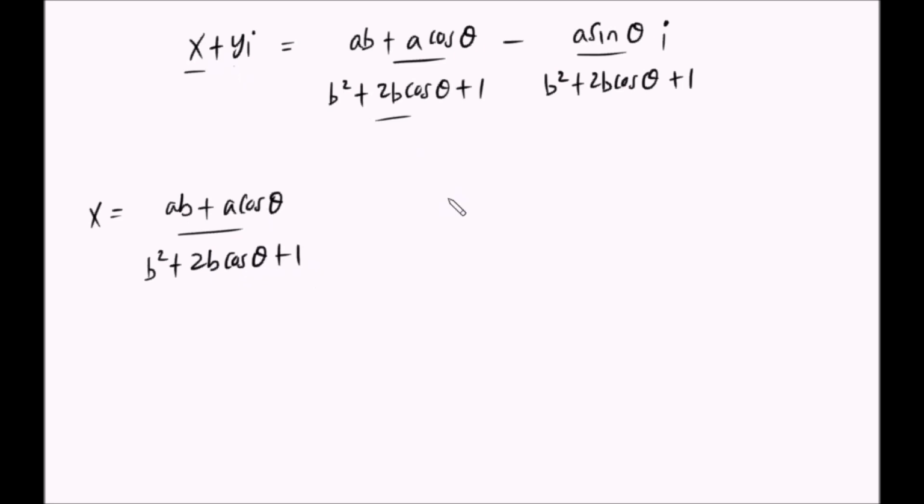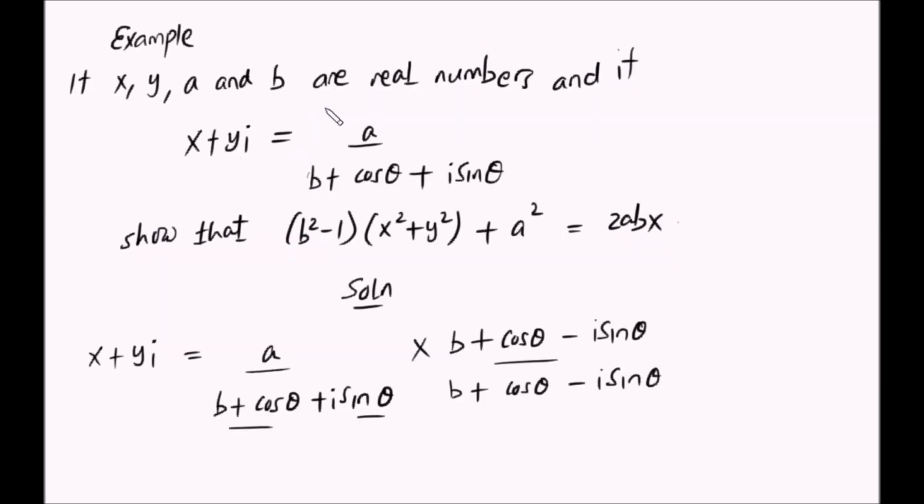While the imaginary part is y, so y will be negative a sin theta over our denominator which is b square plus 2b cos theta plus 1. So what we have done is, for our question, we have written this side in terms of a real part plus imaginary part i, so that we can get the value of x and the value of y. This is what we have done so far.